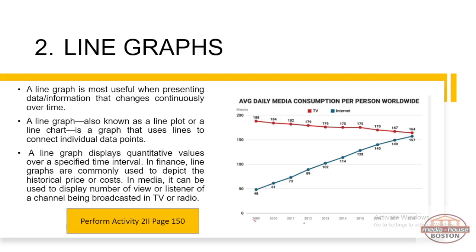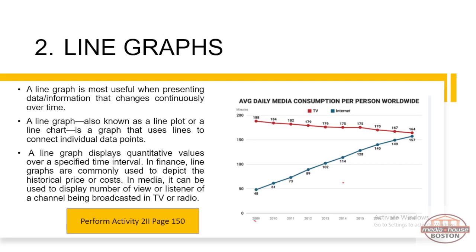But as time goes on, you will see that the number of minutes we spend watching TV is decreasing, while the number of minutes that we spend on the internet is actually growing.